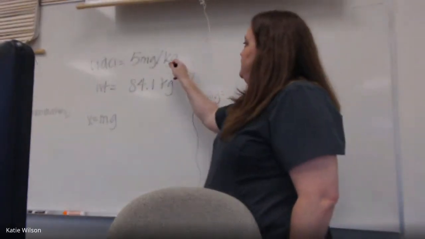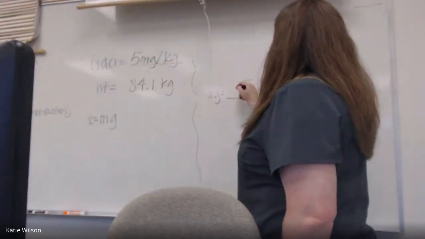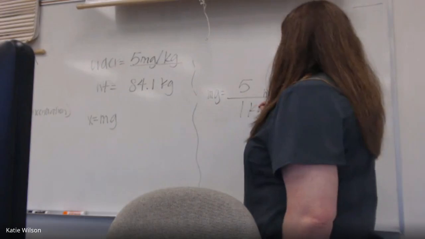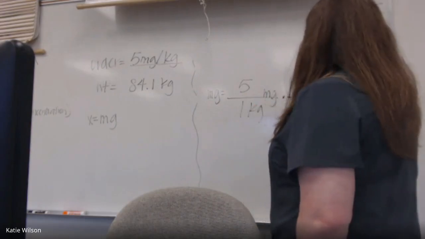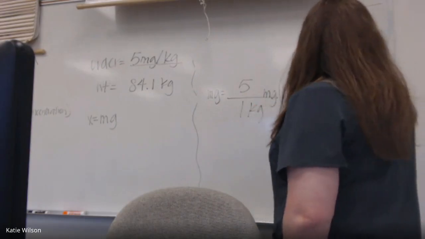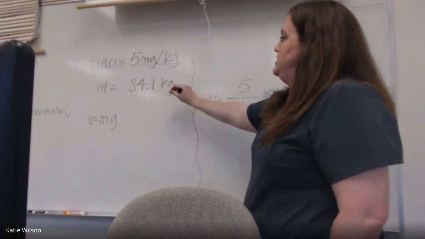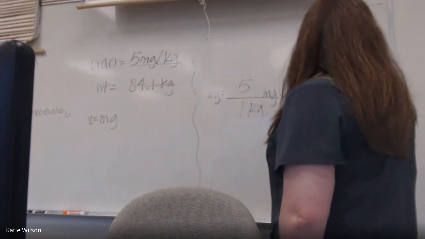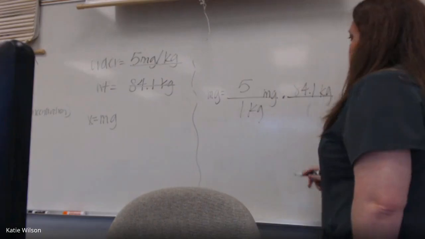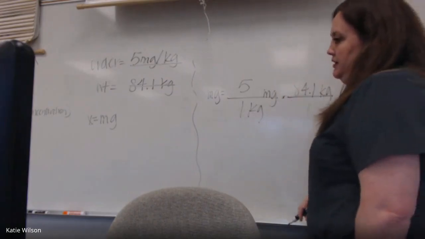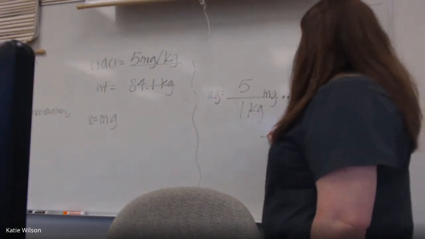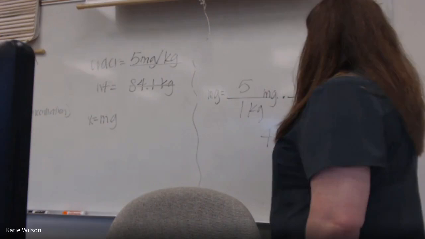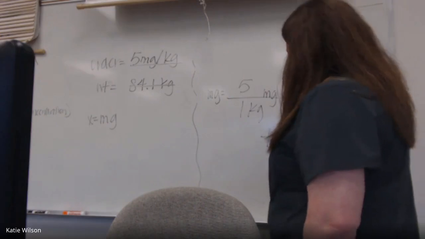So milligrams equals, I know that I've got 5 milligrams per kilogram. I want to cancel out kilograms, so it's on top next. My patient weighs 84.1. So 5 times 84.1 equals 420.